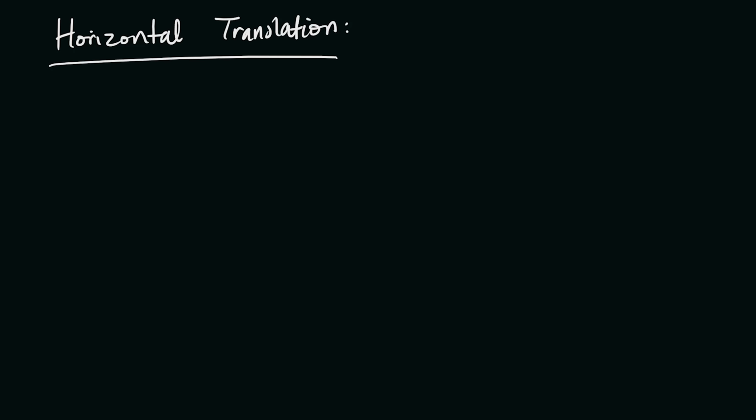What we're moving, we're shifting left and right. Now, how can we actually tell if it was shifting left or is it shifting to the right? So now this gets a little bit complicated.